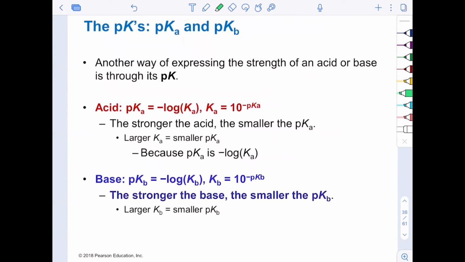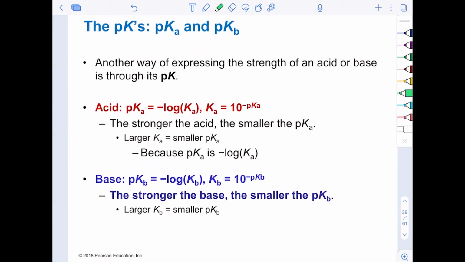All right, pKa versus pKb. Another way of expressing the strength of an acid or base is not only through the pH of a solution that it makes with water, but also through the negative log of its equilibrium constant.